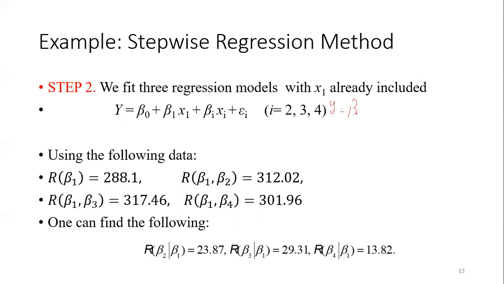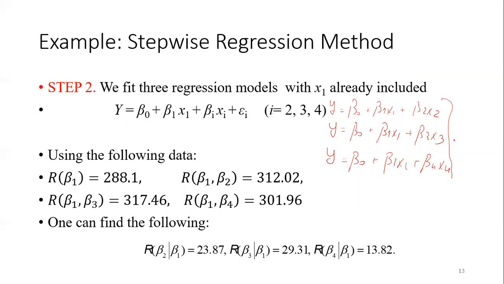Y is equal to beta 0 plus beta 1 x1 plus beta 2 x2, right? And the second model is beta 0 plus beta 1 x1 plus beta 3 x3, right? And then this, beta 0 plus beta 1 x1 plus beta 4 x4, right? Just look at the R square or the SSR of these three models and pick the one which has the largest one, okay?